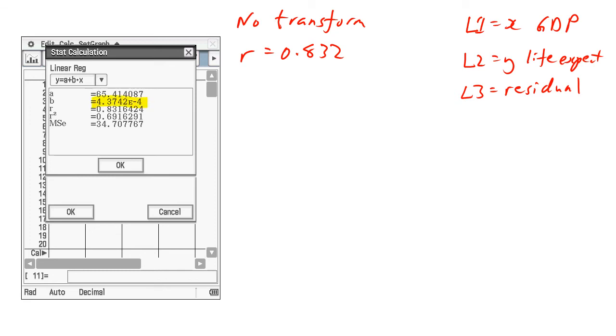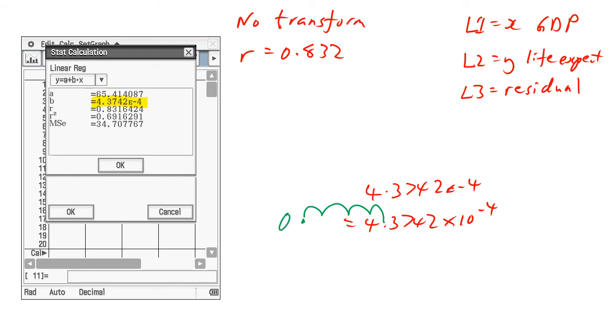Just want to do a little digression here about this number here. So just to remind people that 4.3742 neg 4 is the calculator's way of writing 4.3742 times 10 to the negative 4. That means you've got to go 1, 2, 3, 4 spaces to move the decimal point. Put your zeros in there, so you can see that that actually equals 0.0004372.